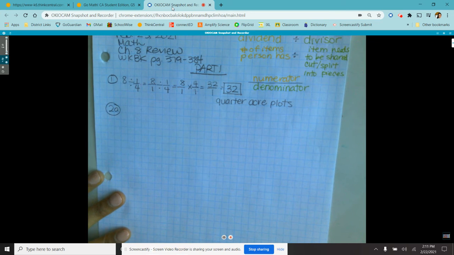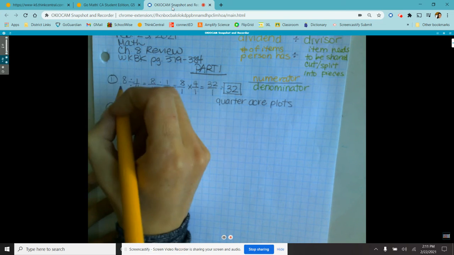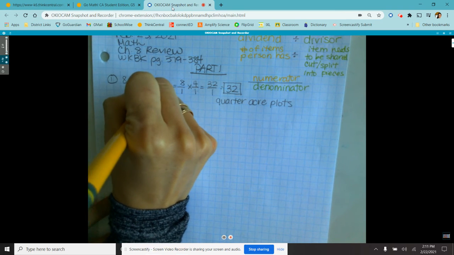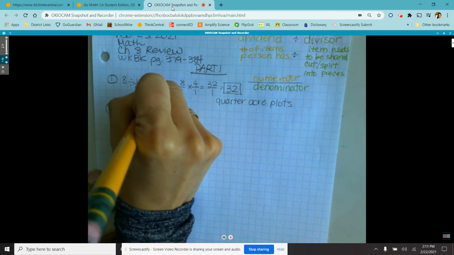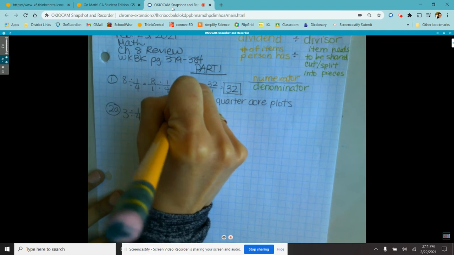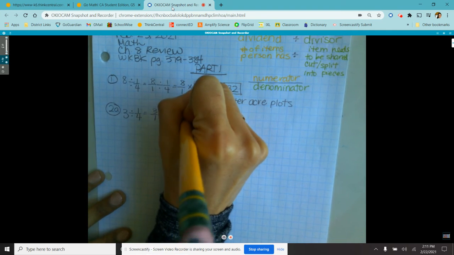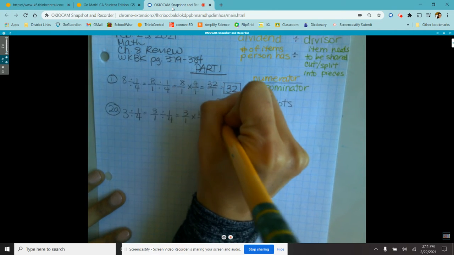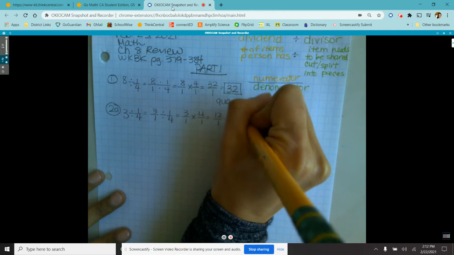Number 2, A. Is 3 divided by a quarter equals 3 over 1 divided by a fourth. You multiply by the reciprocal of the divisor, and you get 12 over 1, which equals 12.